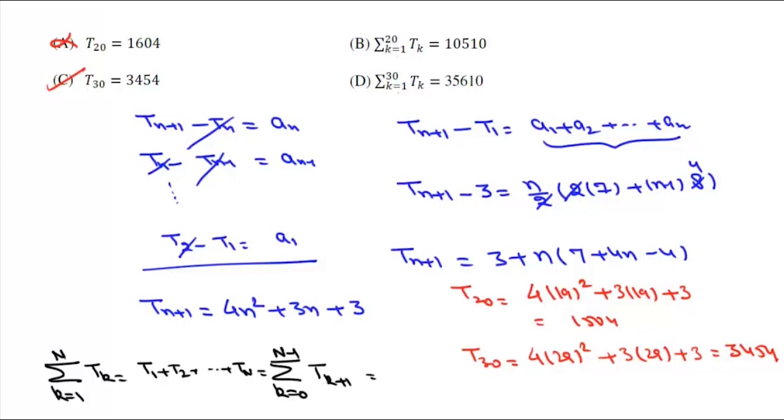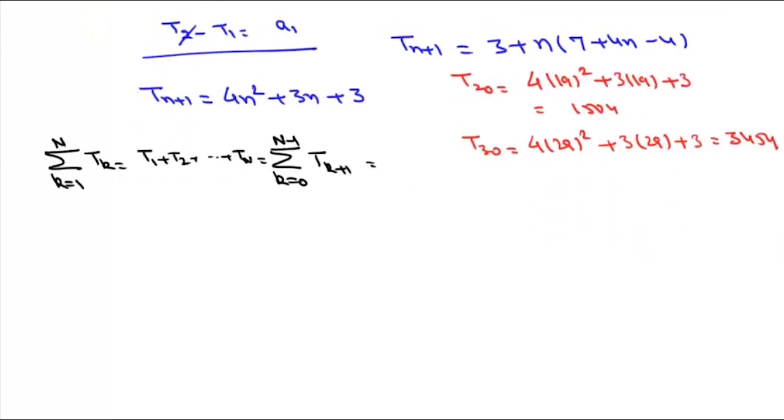Now this is the summation, k varies from 0 to n minus 1, of 4k square plus 3k plus 3.